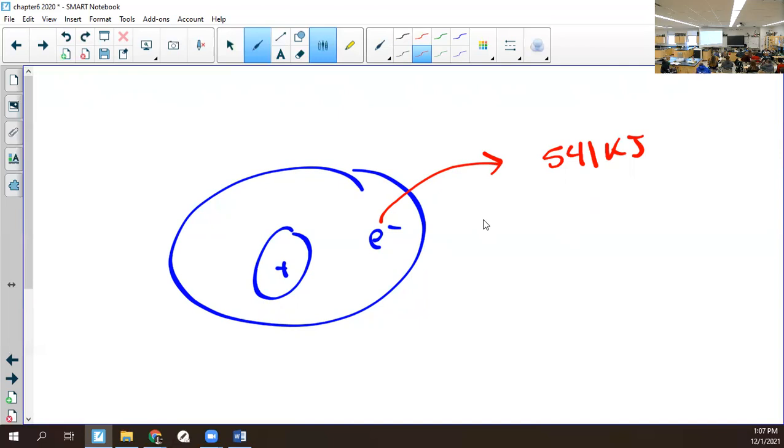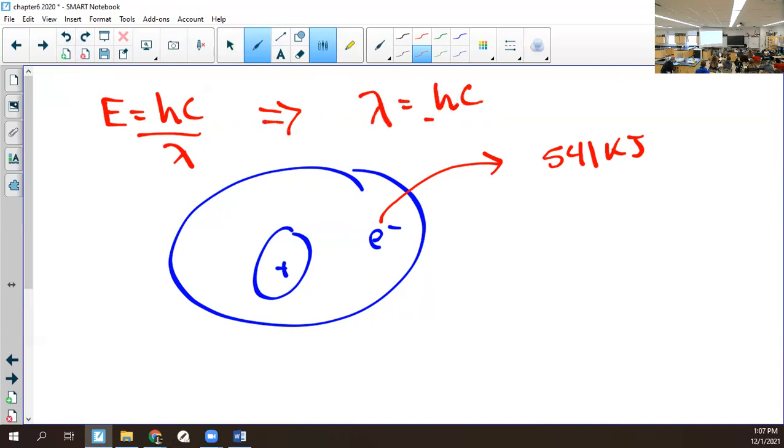So wavelength, what equations do we have with wavelength and energy involved? E equals, whoops, that's not what I want. There we go. So I would solve for what? It wants lambda, right? So lambda equals hc over E. Oh, I did wrong.